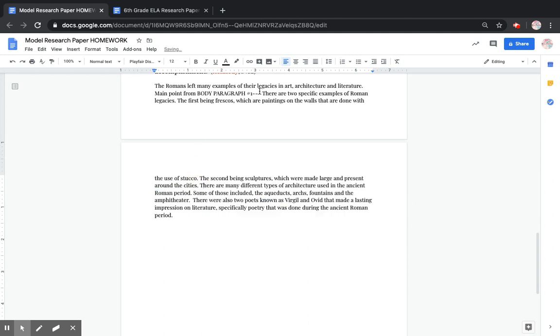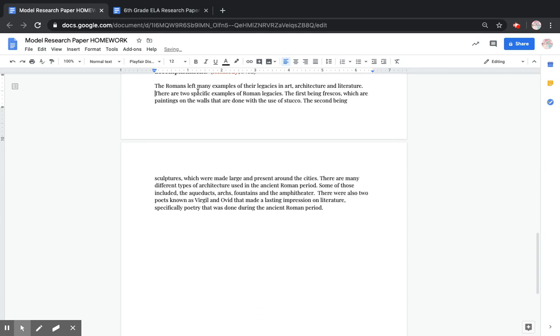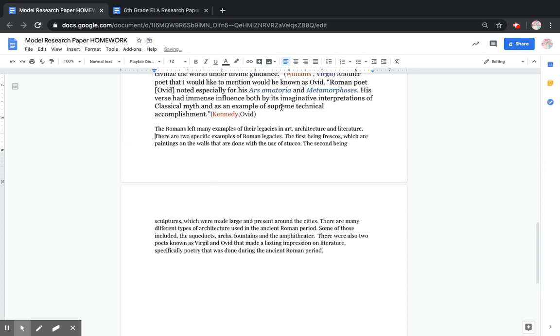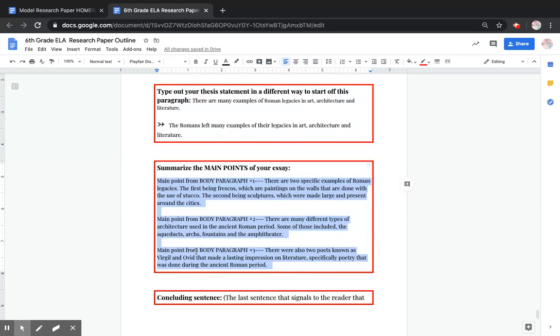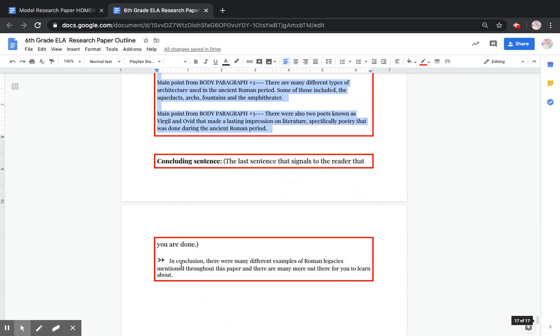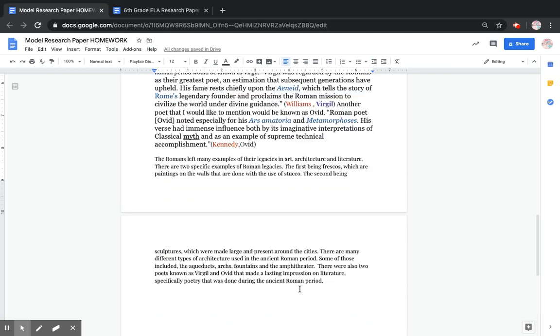And this is all your own writing. I didn't copy any quotes from anything. I went back and looked at my quotes, but that was just so I could summarize it in my own words. So that was done there, but I need my one last thing, which is my conclusion. So, in conclusion, and that is my last sentence there.